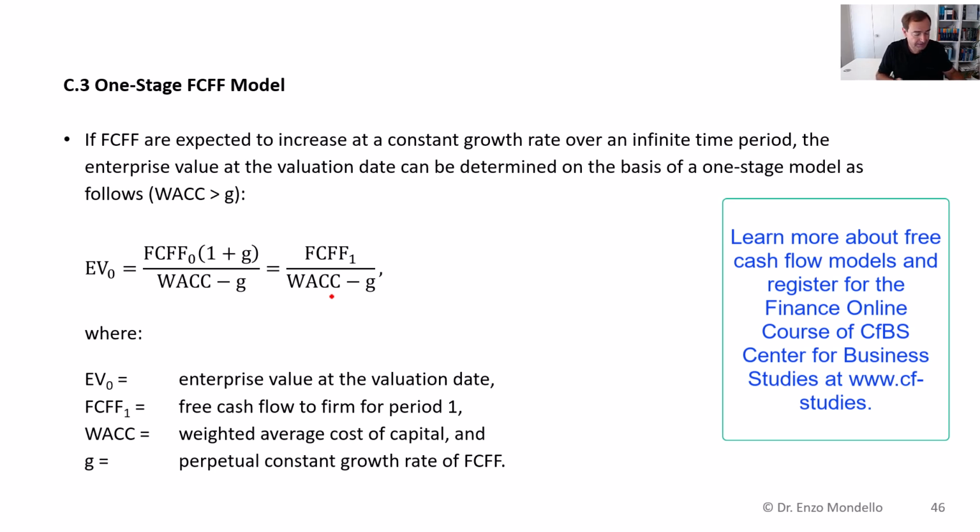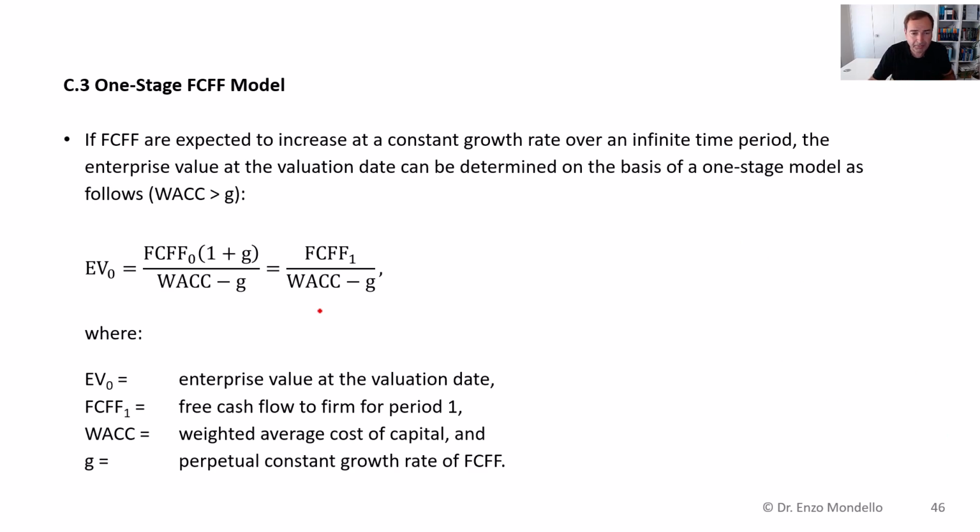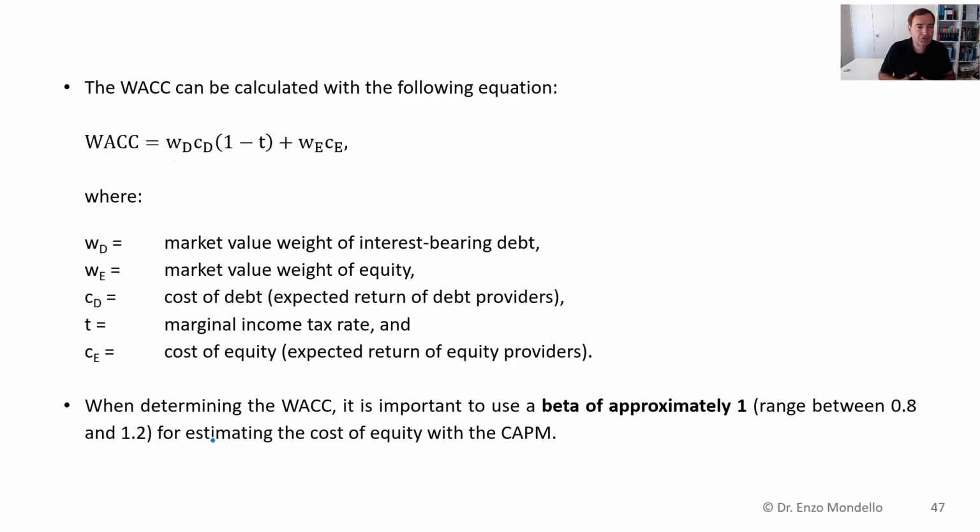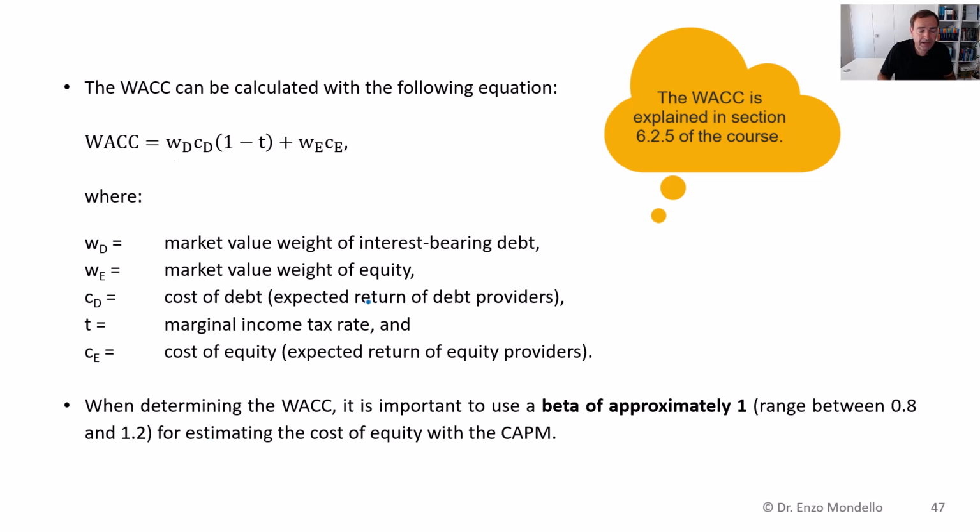And now let's take a closer look at the valuation parameters. The weighted average cost of capital is the sum of the weighted cost components. We begin with the market value weight of the interest-bearing debt. We take the market value and not the book value, because the weighted average cost of capital is used to discount back expected future free cash flows to firm, and therefore it's a forward-looking figure.